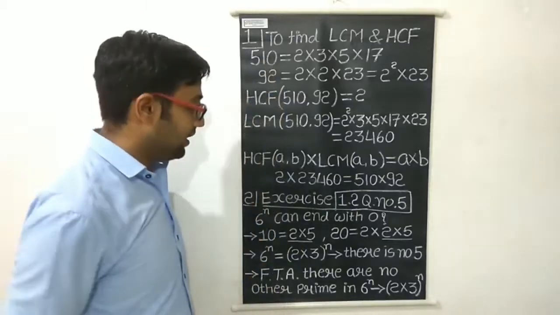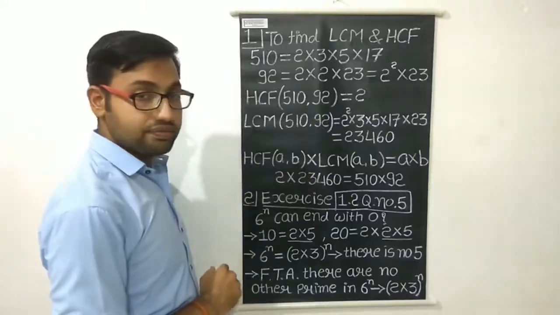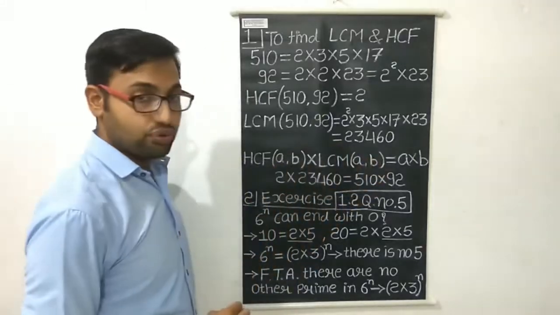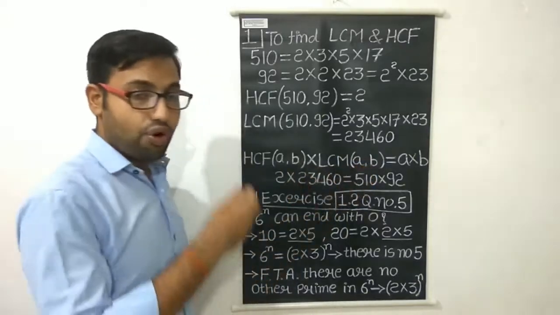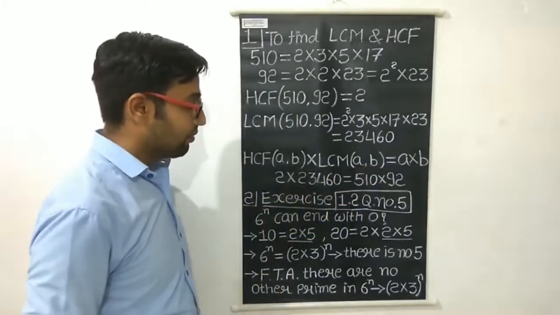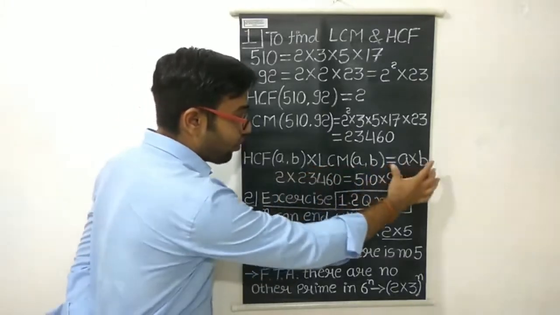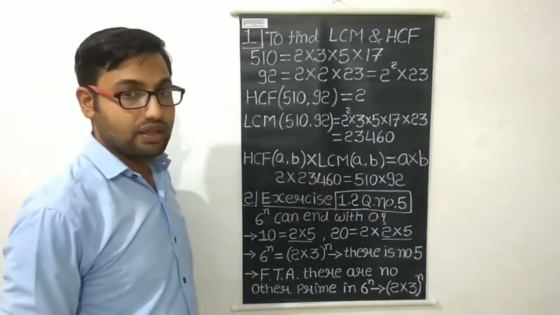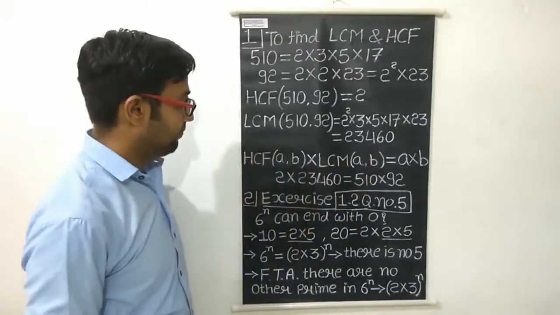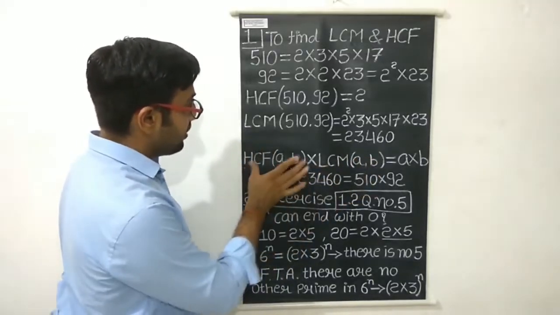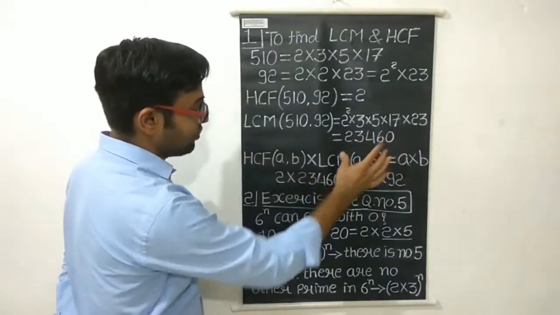In a common way we can say that when we multiply the HCF and the LCM of both the numbers, then the value we get is equal to the product of both the numbers. Let us understand this with this example. The HCF of both these numbers is 2 and the LCM of both these numbers is 23,460.